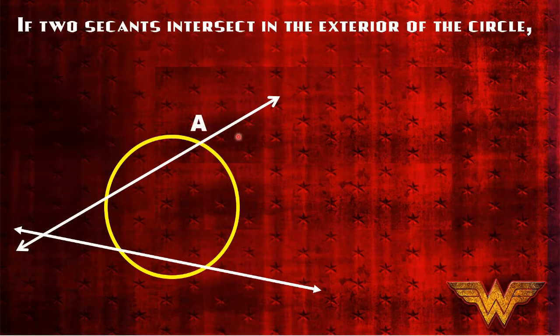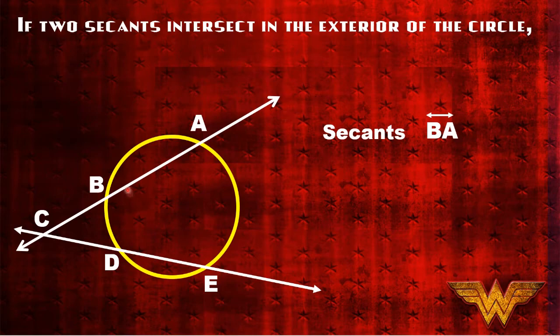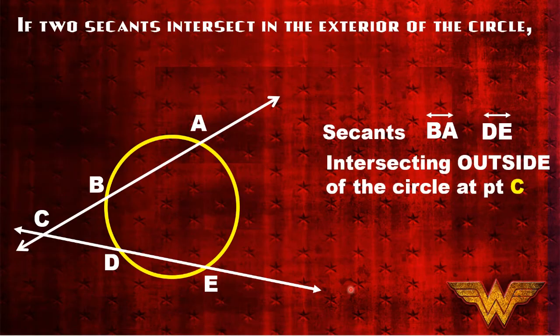Say this is point A, this is point B, point C, this one is point D, and this one is point E. The two secants are line BA, or we can also call it line CA, and line DE, or line CE, intersecting outside of the circle at point C. This is their point of intersection.